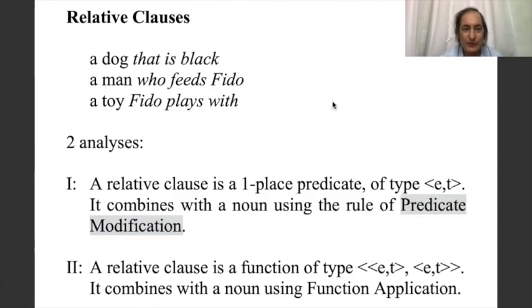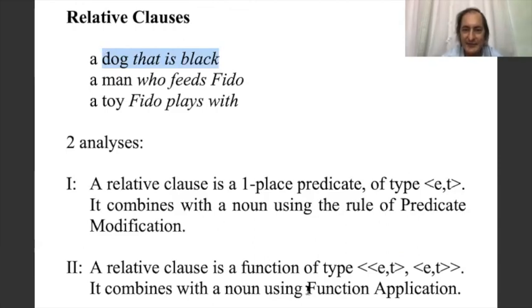The second way we'll spell out is just like the second way for doing black. That takes a relative clause to be type ET. That makes the relative clause something that can act as a function applying to an ET type expression, like dog, for example, to give back an ET type expression, dog that is black.